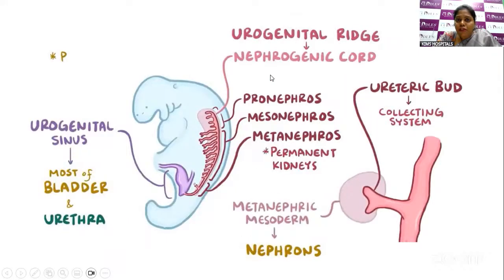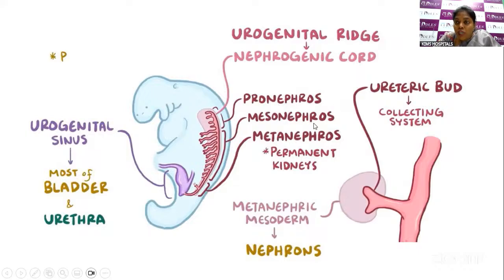So this is the brief recap. So there is a nephrogenic urogenital ridge, from which there occurs the nephrogenic cord. This nephrogenic cord is divided into pronephros, mesonephros, and metanephros. The pronephros does not produce any urine and it completely disappears by the end of the 4th week.